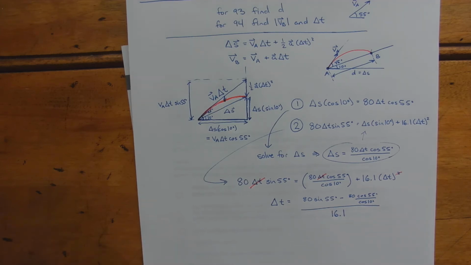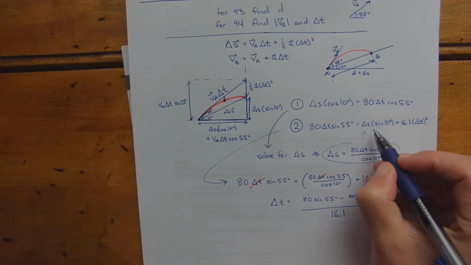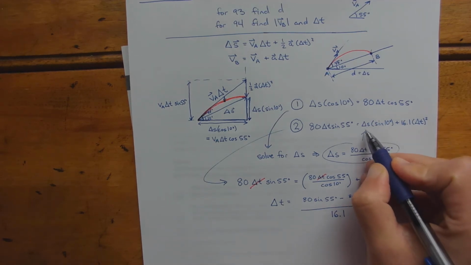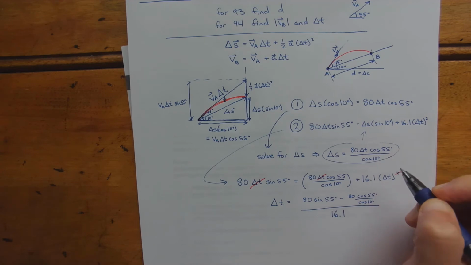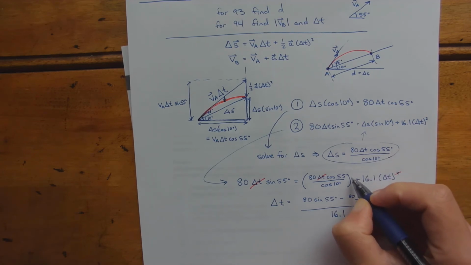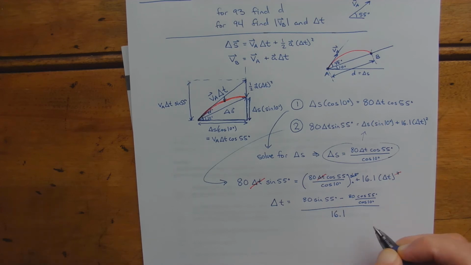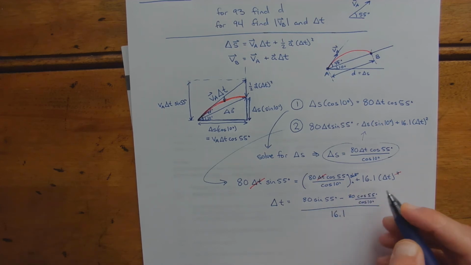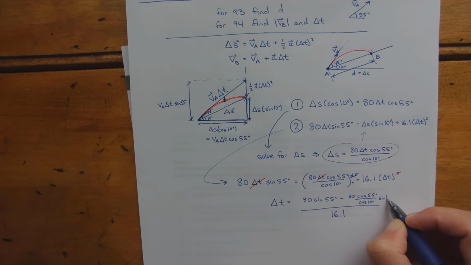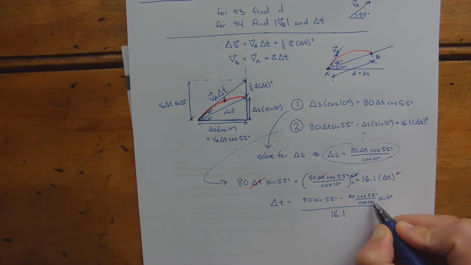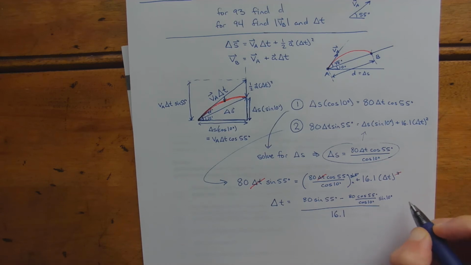And now I see that I forgot something when I did this. I was supposed to put this in for delta S, but it was delta S times sine of 10 degrees. So there should be a sine of 10 degrees here. And then when I bring this over to the other side, I'd still have this sine of 10 degrees. And you could take this sine of 10 degrees divided by cosine of 10 degrees, and you could call that tangent of 10 degrees.